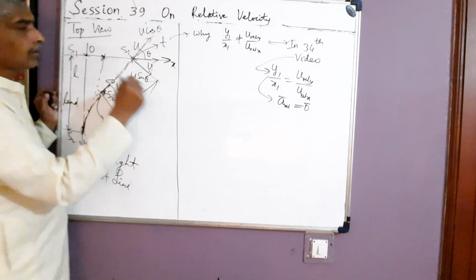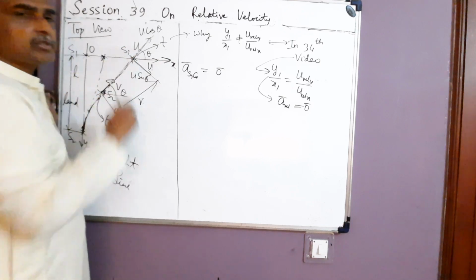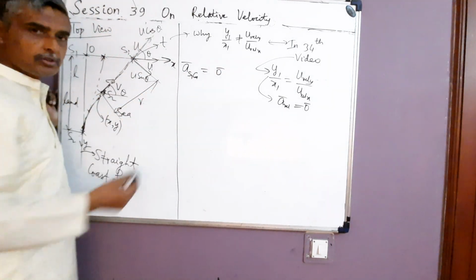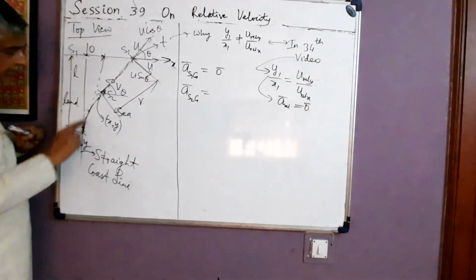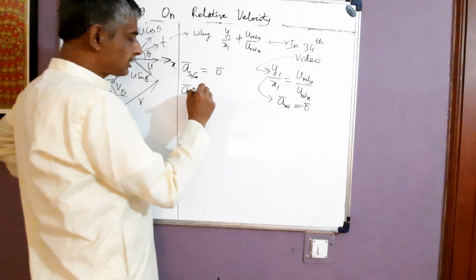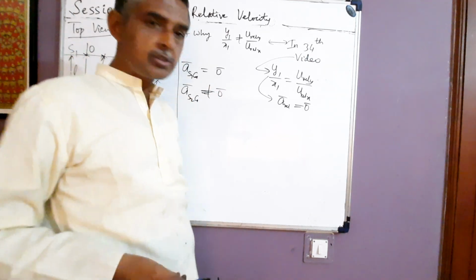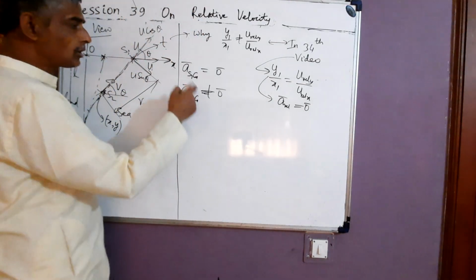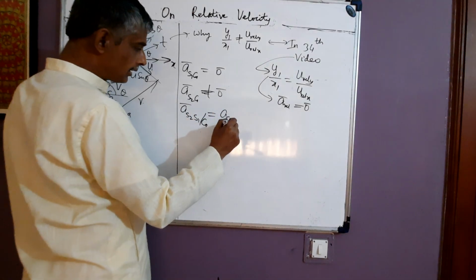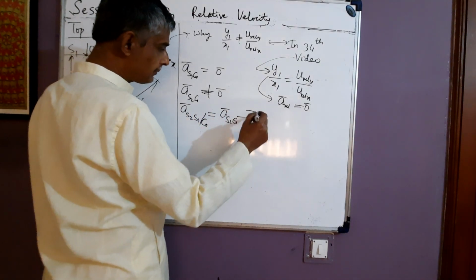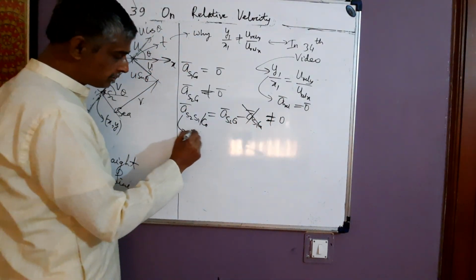But in this case, the acceleration of S1 with respect to ground is 0, because it moves along a straight path at constant speed u. But what about the acceleration of S2 with respect to ground? In the ground frame, the path of S2 is not a straight line, it is a curved path. If an object moves along a curved path, its acceleration cannot be 0, it has to be non-zero. So the relative acceleration of S2 with respect to S1 becomes aS2G minus aS1G, which is non-zero.